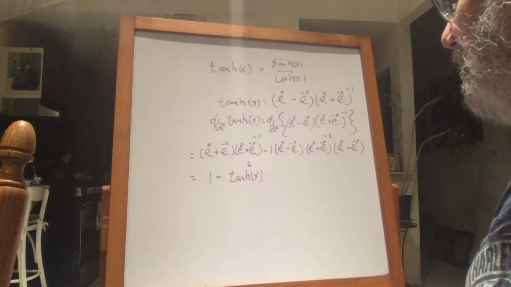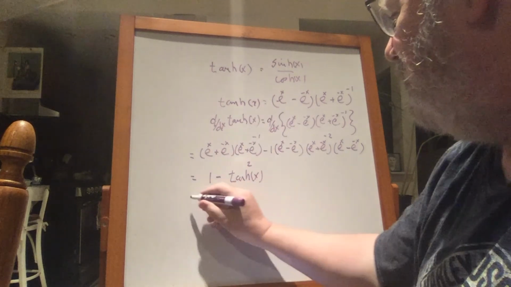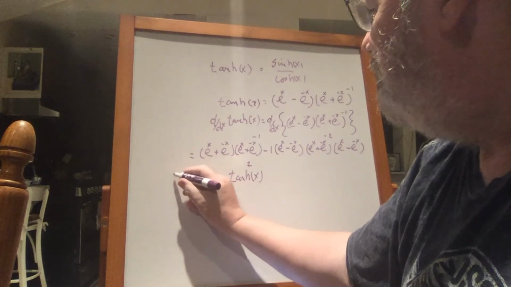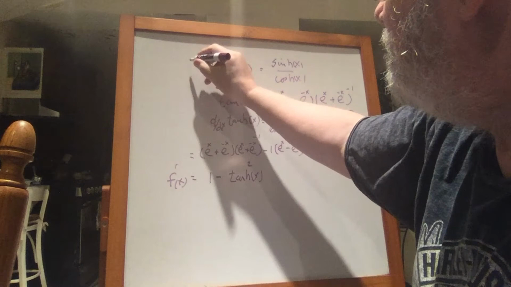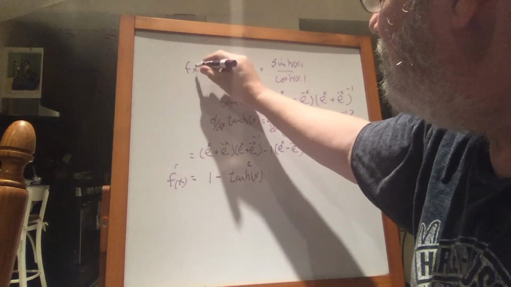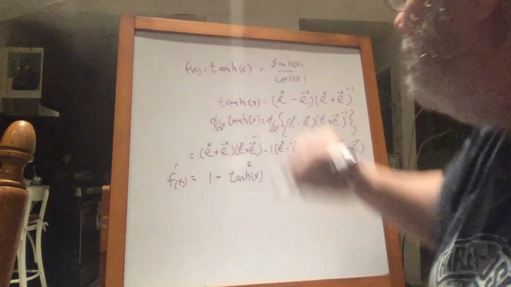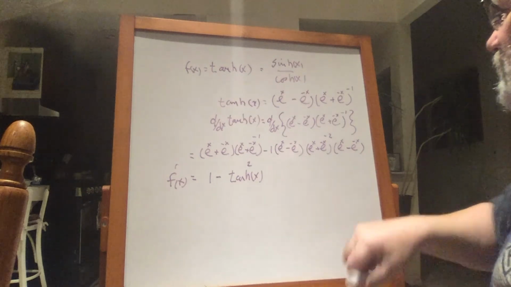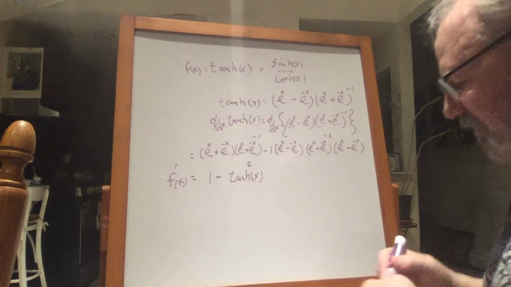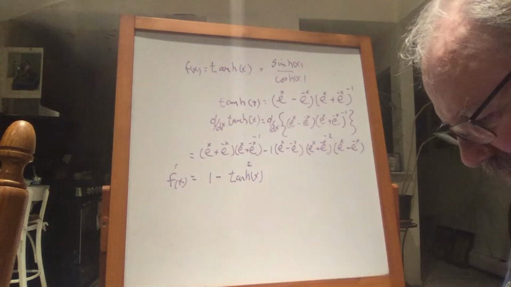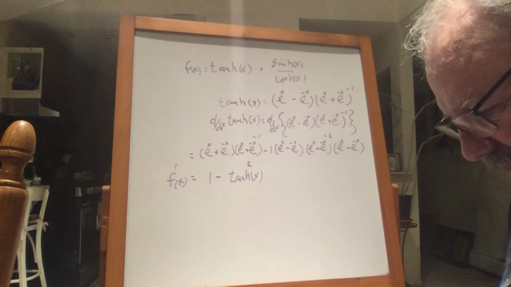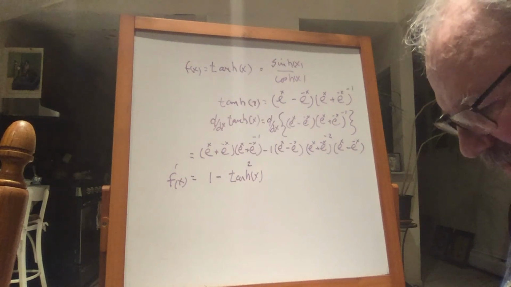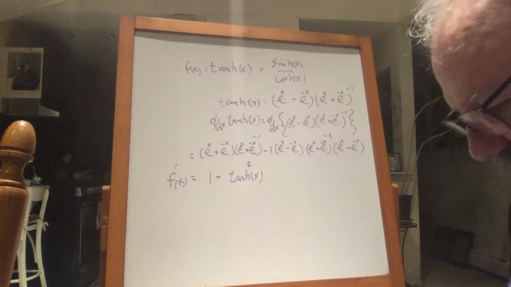And that's it. So that's our f prime of x when f of x equals the hyperbolic tangent of x. Let's see if I had worked that out correctly. Okay, yeah. It's equal to the hyperbolic secant squared.